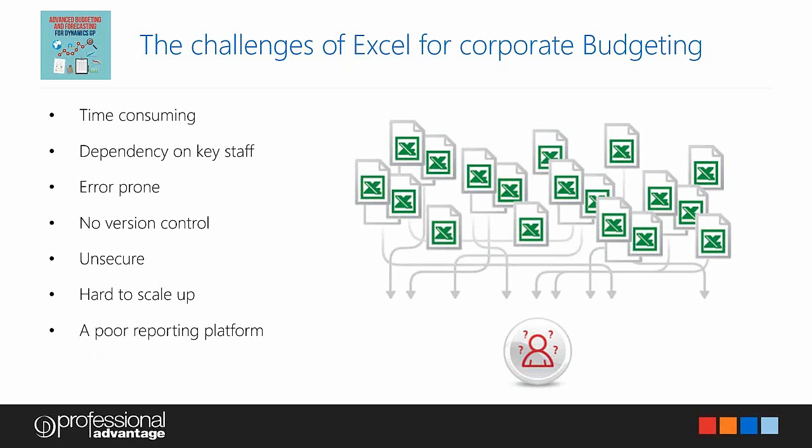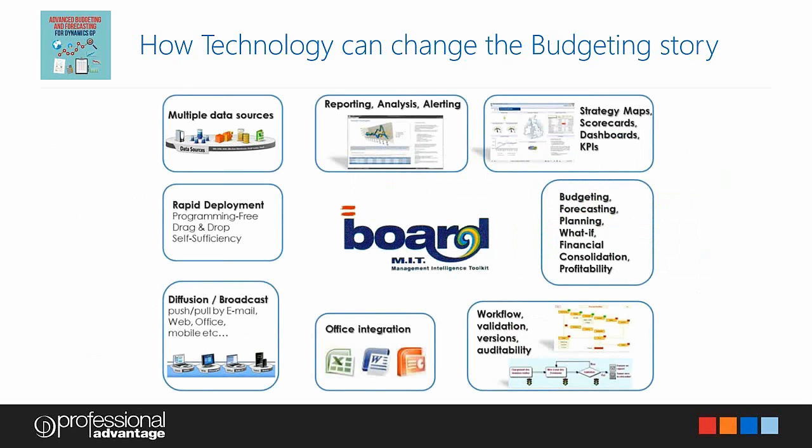Okay, so that brings me to our software, Board. And I like this slide because it nicely summarises in one screen what the software does. Working our way around clockwise, Board allows you to pull from multiple data sources. If you're budgeting, you don't want to start off with a blank spreadsheet. You want to pull from payroll systems, from your ERP system, GP, for instance.